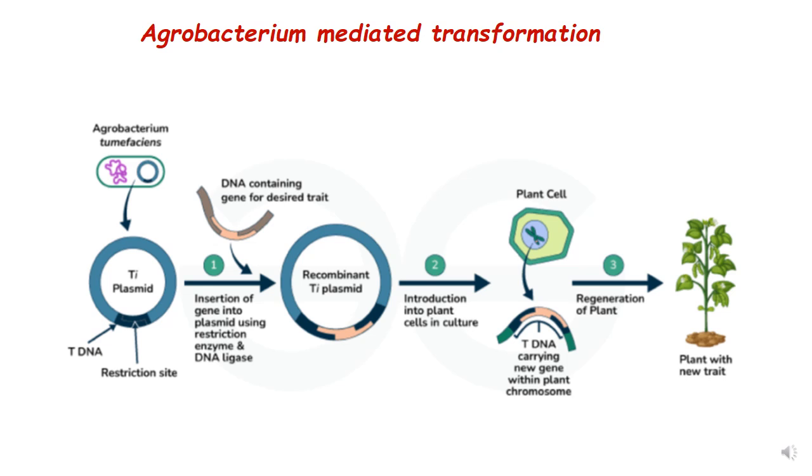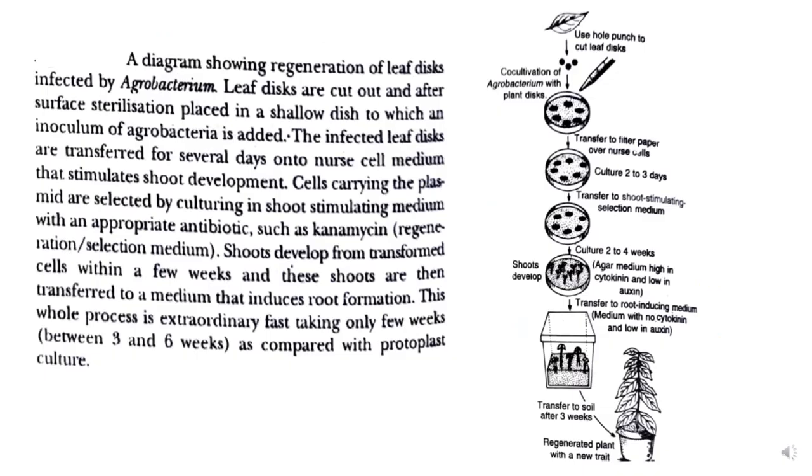In the second step, it is introduced into the plant by co-cultivation with Agrobacterium, and the explant of the plant gives rise to a new plant by the totipotent nature of the explants in tissue culture media. So this is again the same picture.